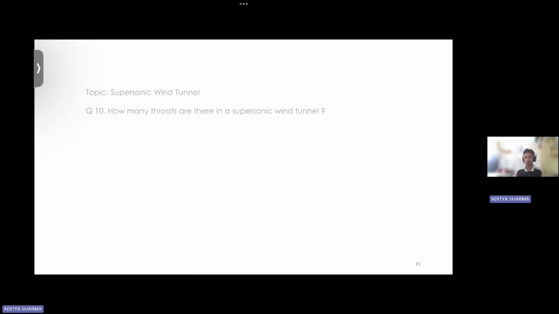Next question again is on supersonic wind tunnel, right? And the question says how many throats are there in a supersonic wind tunnel?